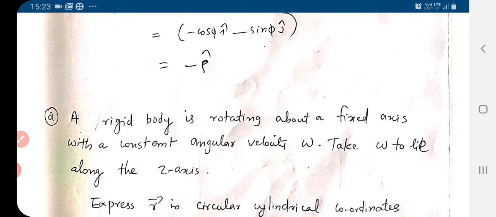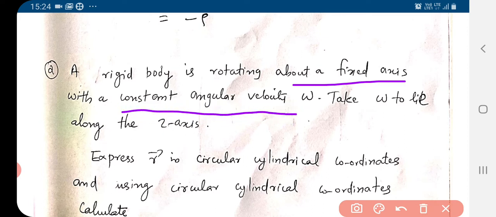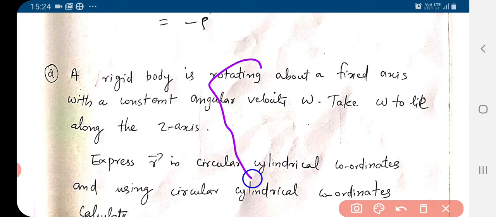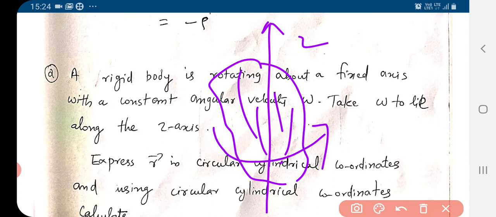So let's move on to a second question. A rigid body is rotating about a fixed axis with a constant angular velocity omega. Take omega to lie along the z-axis. So we have a rigid body here that is rotating about the z-axis.